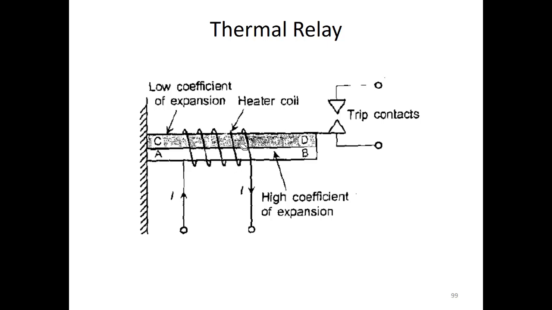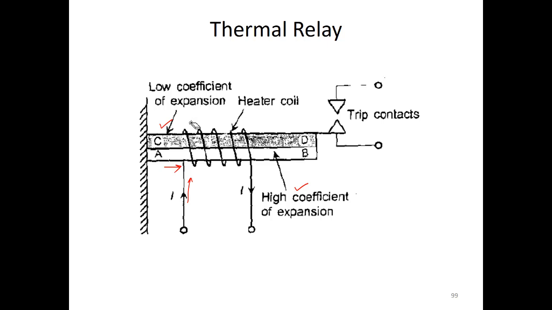The upper strip has a low coefficient of expansion, and the lower strip has a high coefficient of expansion. Because the current is flowing in this circuit, eddy current flows through these two metal strips.